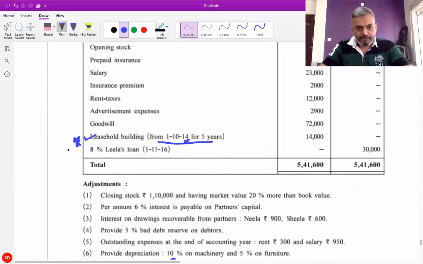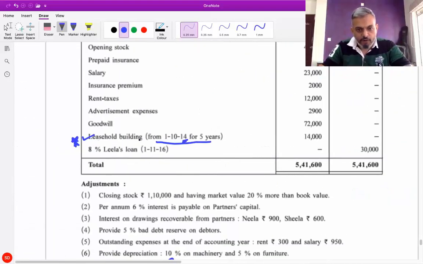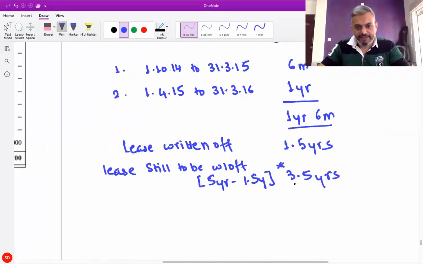It means this leasehold building we have already written off for 1.5 years. ये साल current year जो है 16-17 अभी तक हमने write off किया नहीं है, पूरे साल इसको यूज किया है, यानी अभी 3.5 साल का लीज write off करना बाकी है.